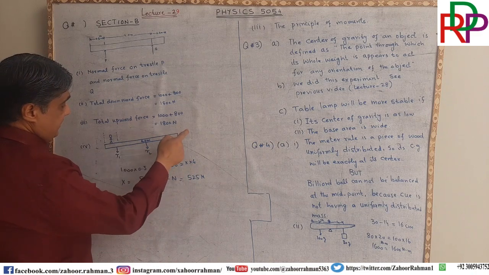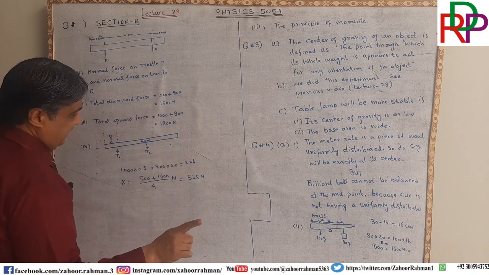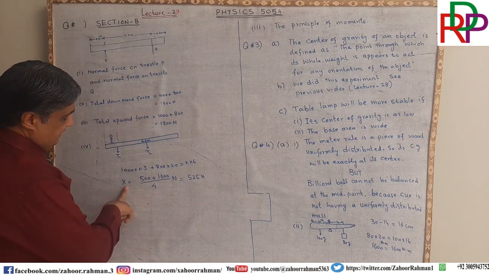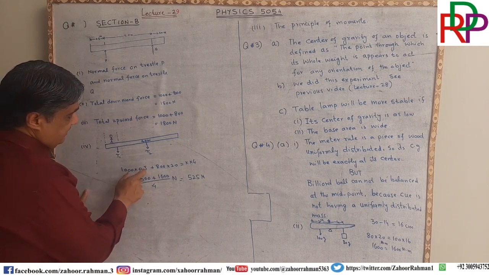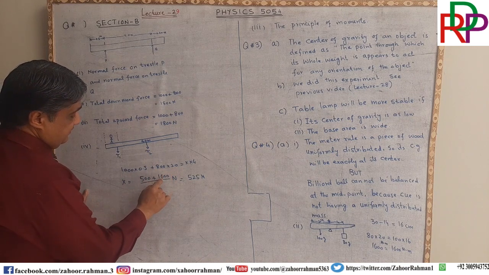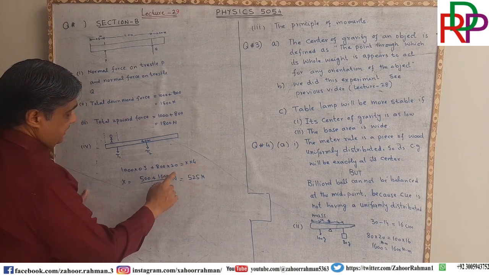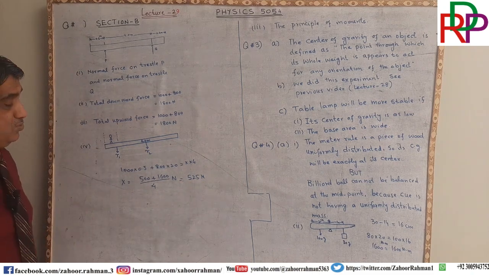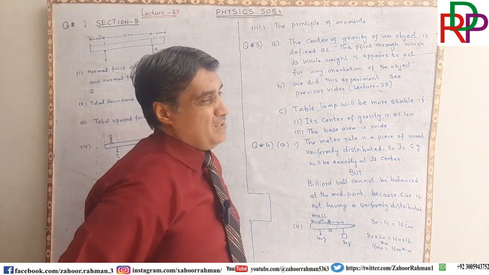The total is 4 and x. We have to find that x. So x is on the left side. This will give you 500 and this will give you 1600, and divide by this 4. So it will be 525 Newton.